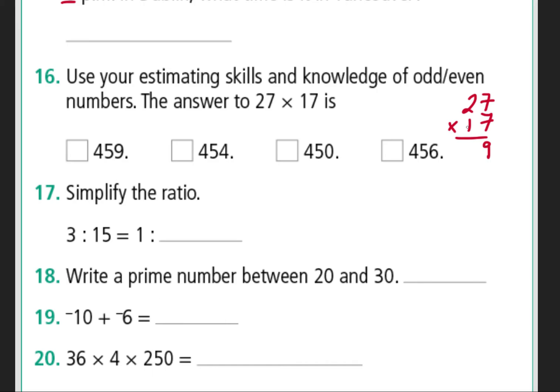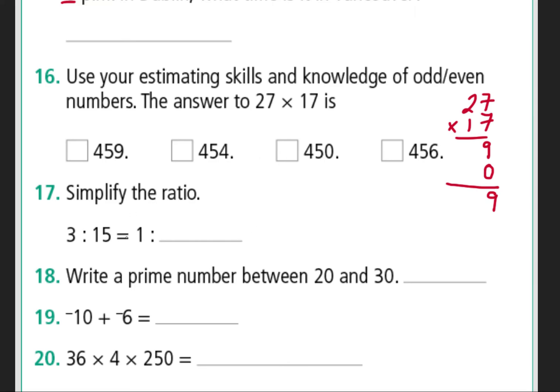But I know, because when I'm multiplying by a 1 here, a 0 will go down. So that means in the end of my sum here, I'm going to get a 9 at the end. And that is enough to tell me which of these is going to be the answer, because only one of them ends in 9.